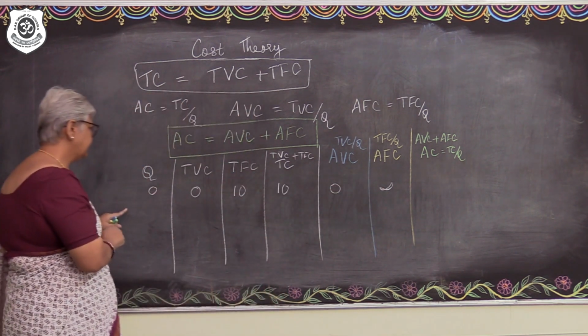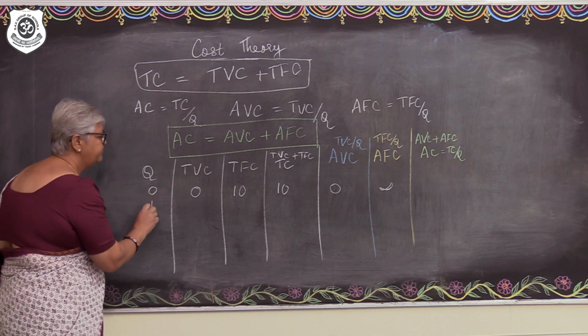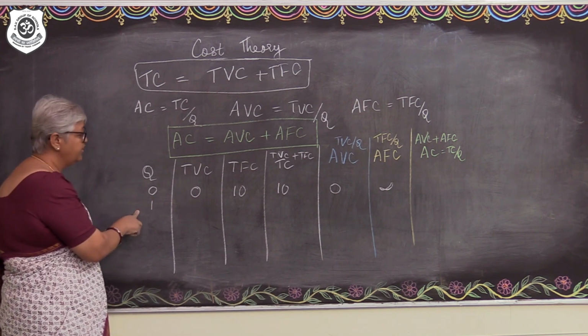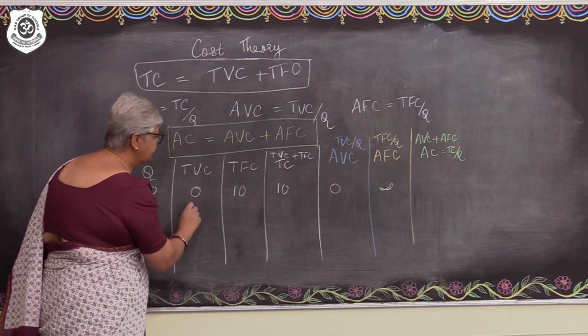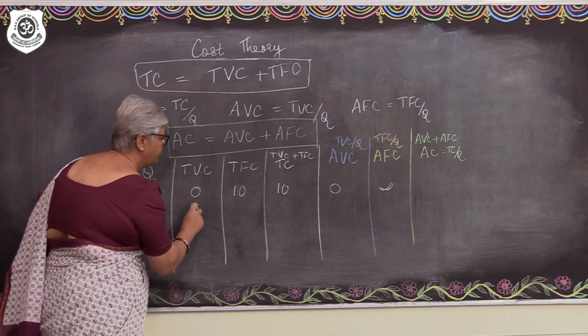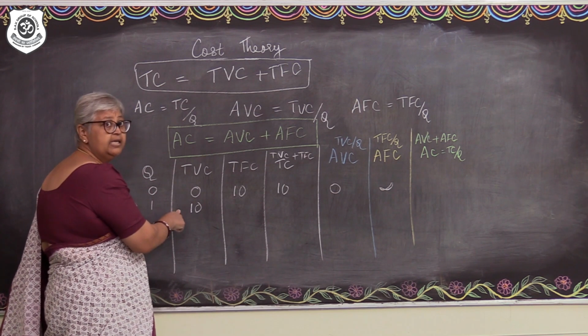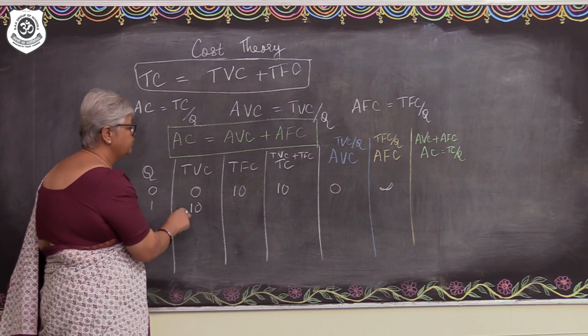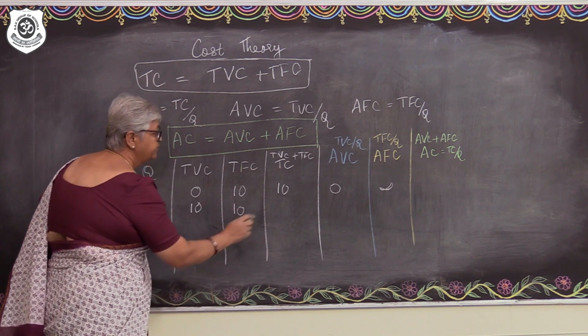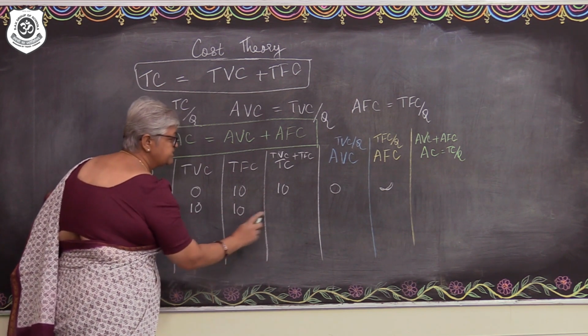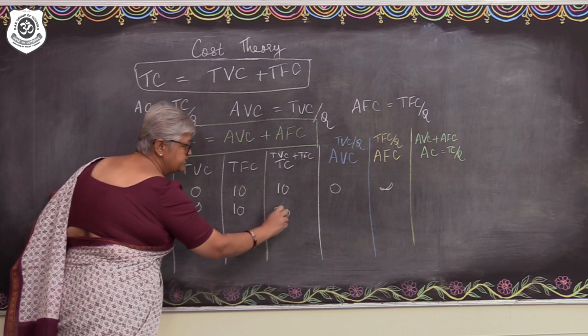Then moving on to the next level of output, even as the first unit of output is going to be produced, you know that the total variable cost will start increasing, or the firm will start incurring the variable cost. So if it's going to be 10 units, the total fixed cost will remain the same and the total cost will be 10 plus 10, so that will be 20.